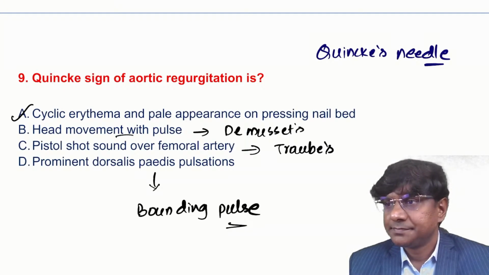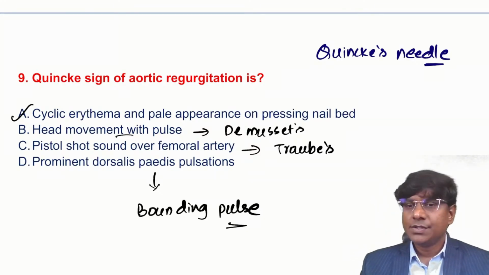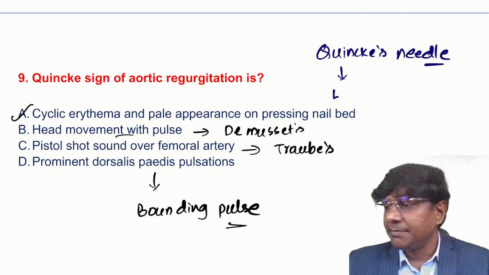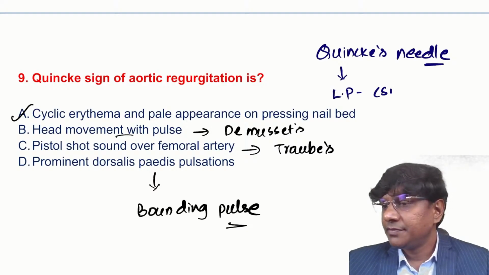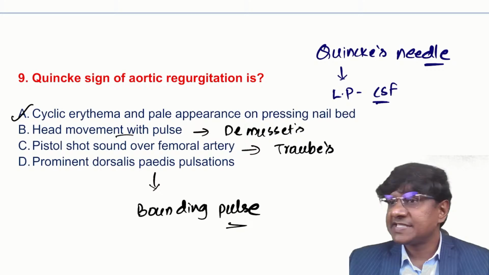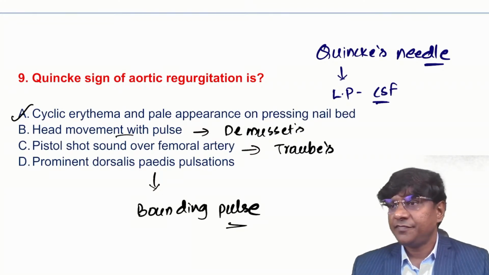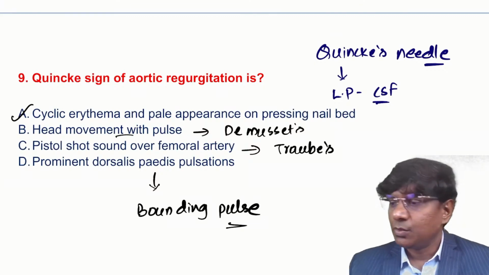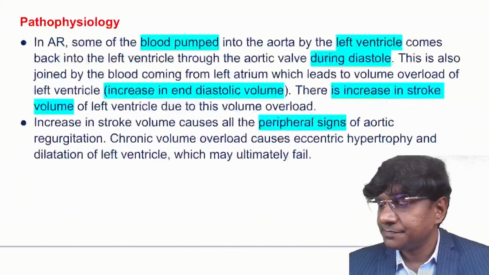Right. So Quincke's needle we use in lumbar puncture, right? Very good, Hamna. So for CSF analysis, you'll be using this Quincke's needle. Done. Now we move on to the next question.